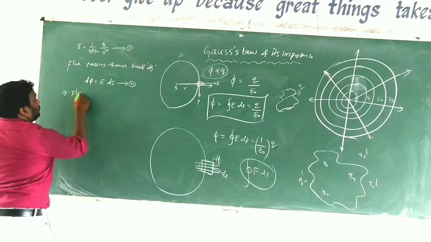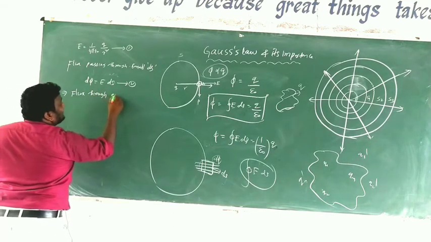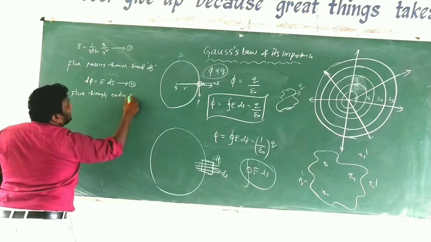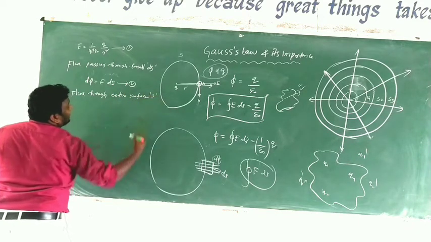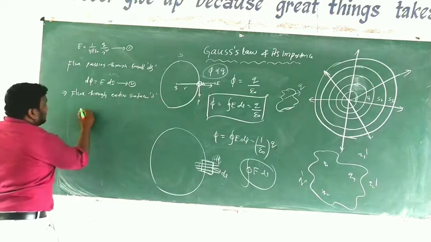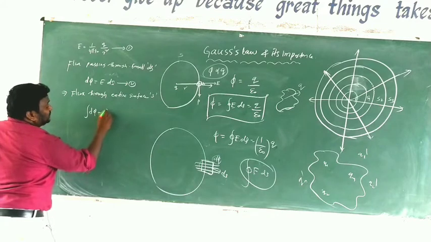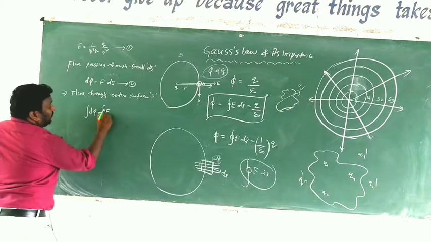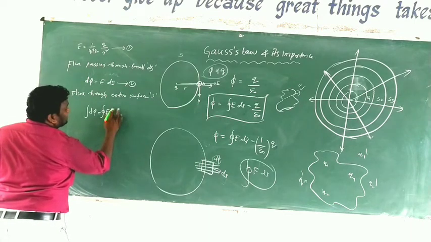Now, the flux through the entire surface: we have to integrate on both sides. Integral d phi is equal to the closed integral of E dot ds.